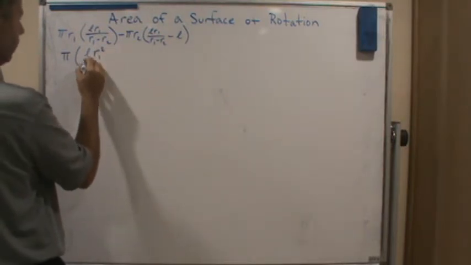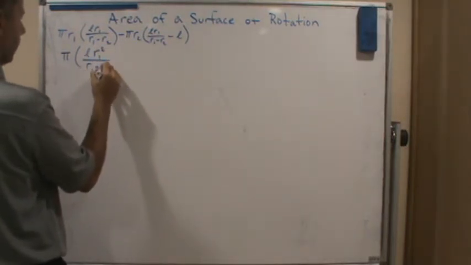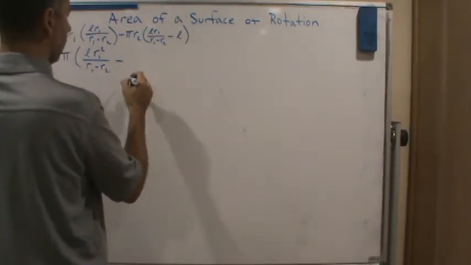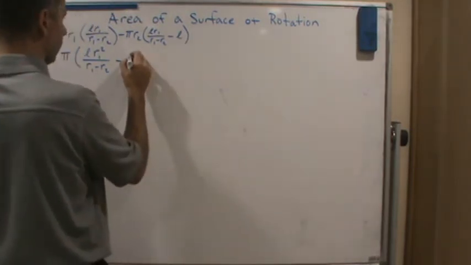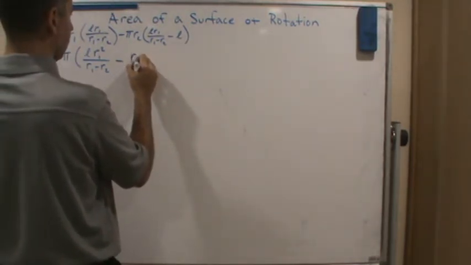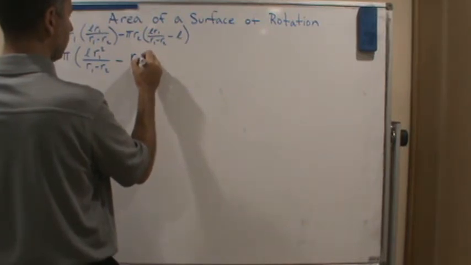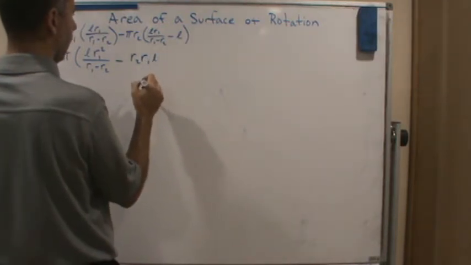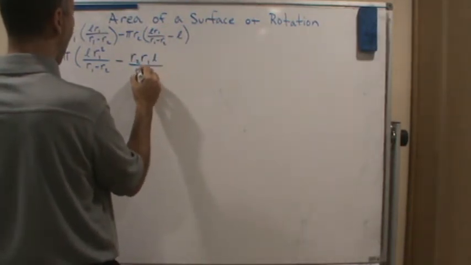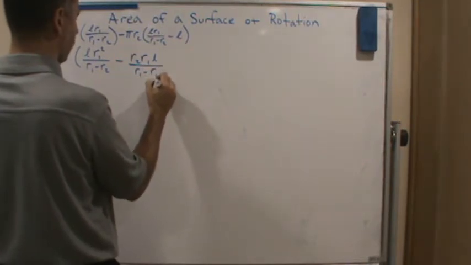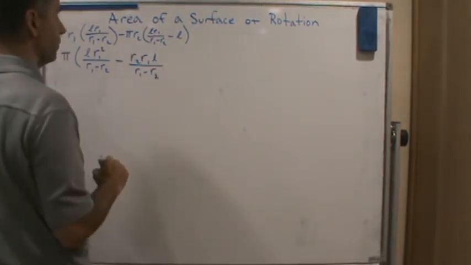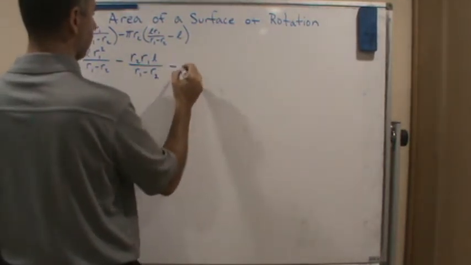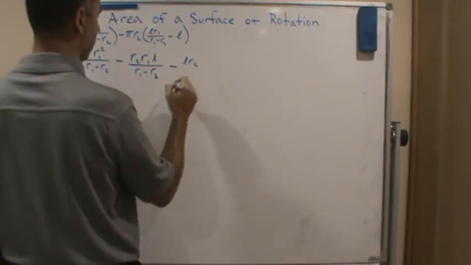R1 squared over R1 minus R2, minus R2 R1 L over R1 minus R2, minus L R2.